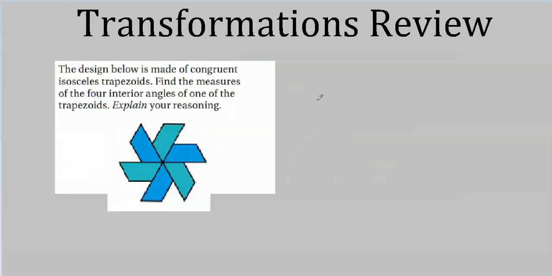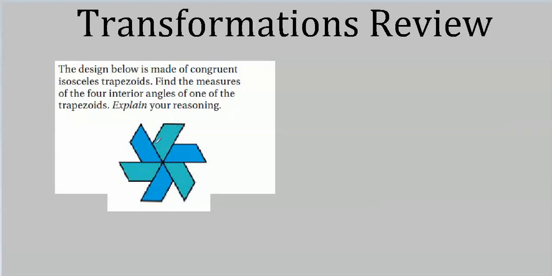Well, here's one which we'll have to think back a little bit to our section on quadrilaterals. What the heck does this have to do with transformations? They're asking us to find the measures of the 4 interior angles of this trapezoid. And in fact, it's an isosceles trapezoid, which helps a lot. We know that these 2 base angles are congruent.